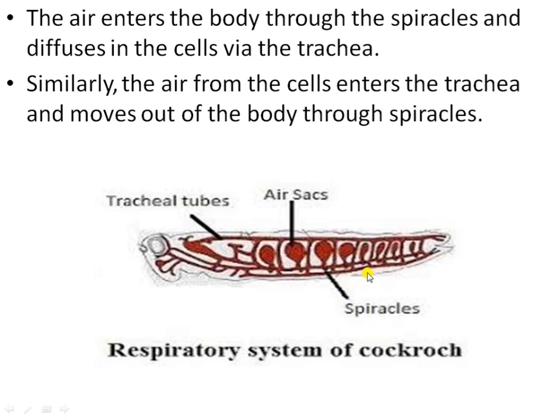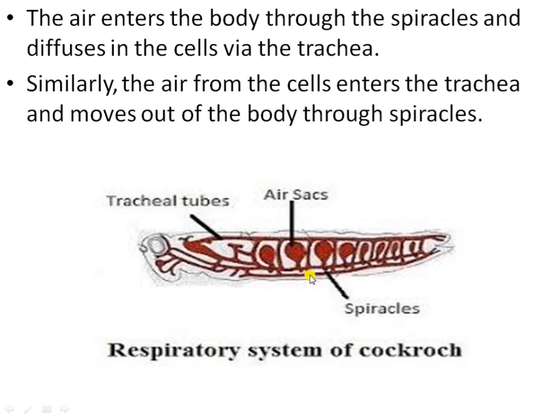Spiracles are internally connected to a network of air tubes called trachea, which spread through the whole body. The oxygen-rich air enters through the spiracles into the network of tracheal tubes, and through this network the air reaches all the cells of the body.